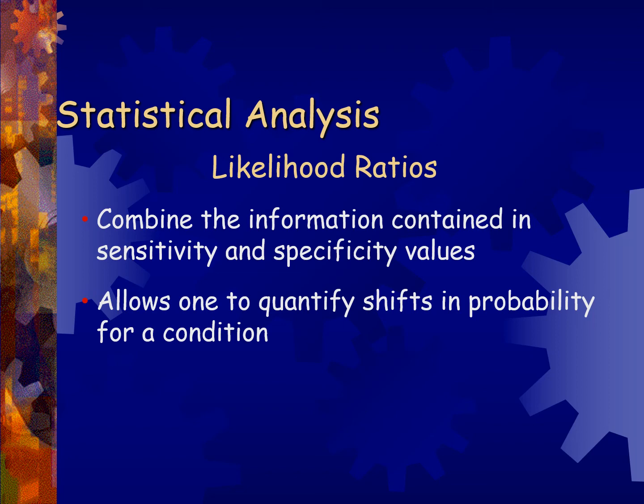That may be a bit more pragmatic for some of the clinical conditions that we treat. So we can combine the measures of sensitivity and specificity to form likelihood ratios, and the likelihood ratios really allow us to quantify shifts in probability for a condition.